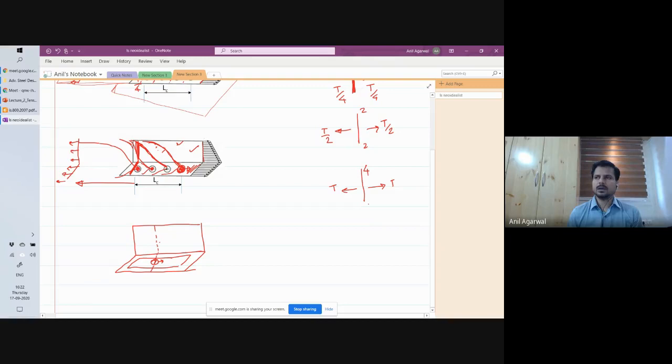So if you have a single bolt, then you have a more severe shear lag effect. But if you have a large number of bolts, let's say 4 or 5, then you have a less severe shear lag effect. So either you can say you have a larger LC, that is the length of the joint, or you can say you have more number of bolts. They approximately mean the same thing.